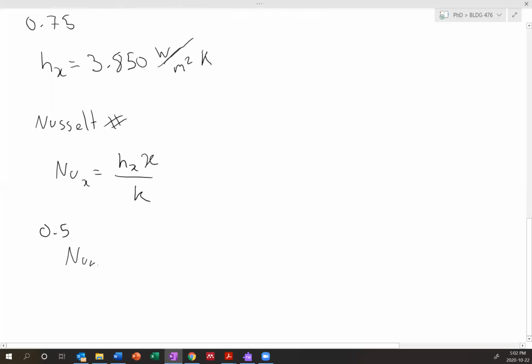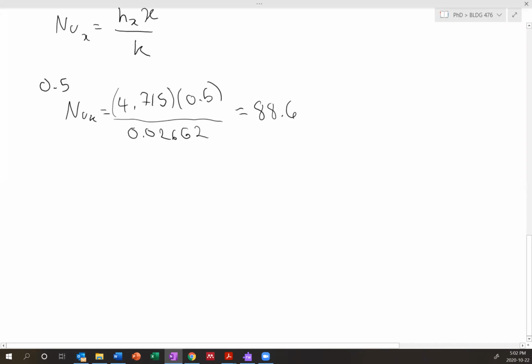So our Nusselt number of x is going to be equal to what we calculated in the last one times our x divided by 0.02662. This is non-dimensional, 88.6.